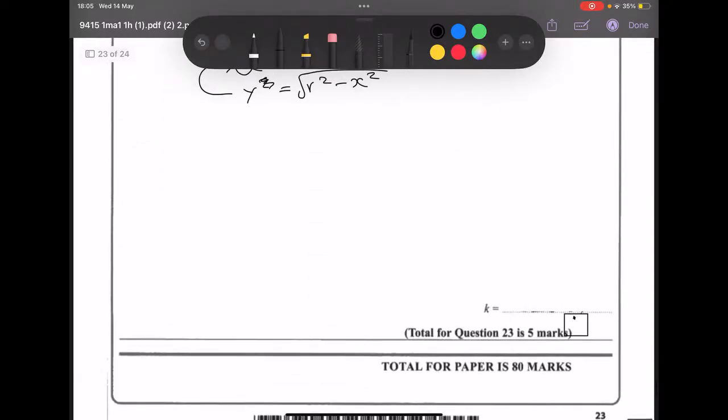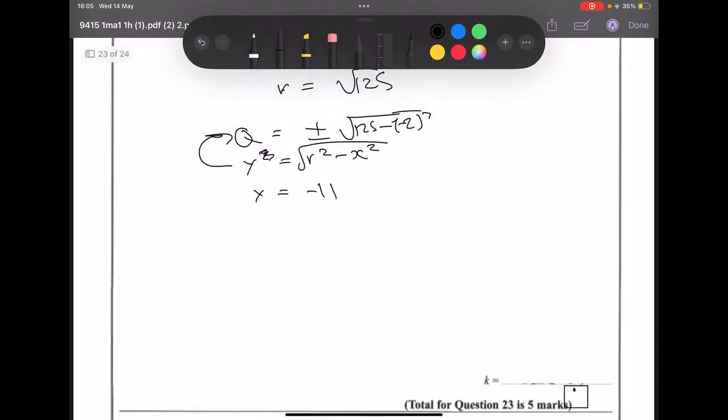Now on this part of the question, we know that the gradient is, so over here we know that y equals minus 11. So now what we would do is 10 subtract minus 11 over 5 subtract minus 2.